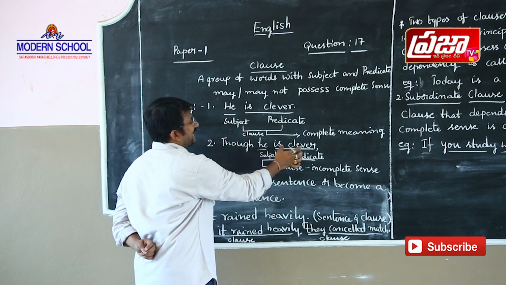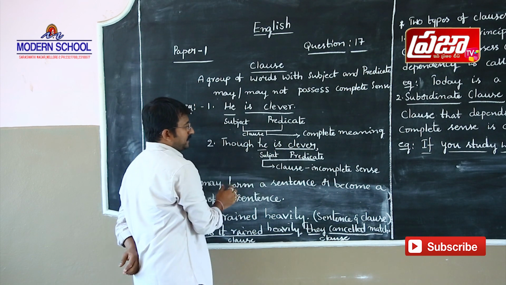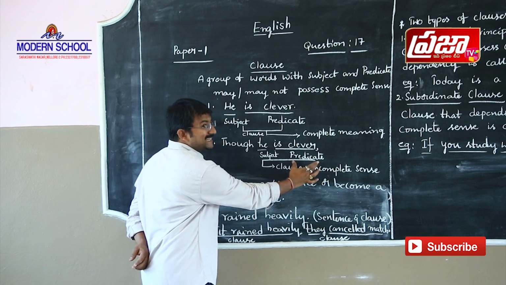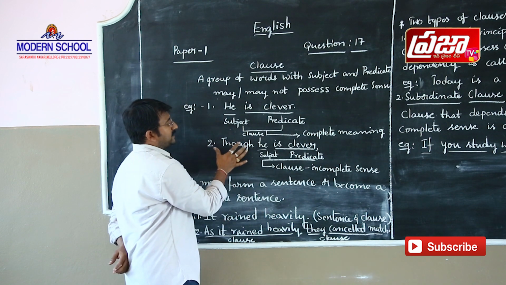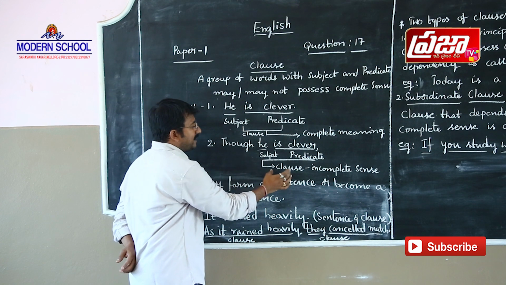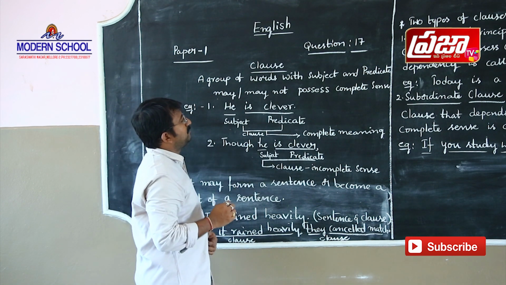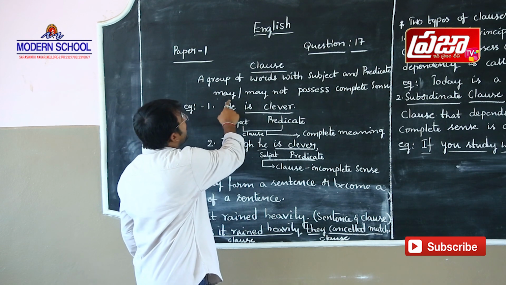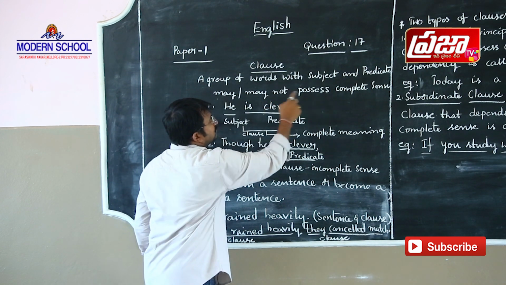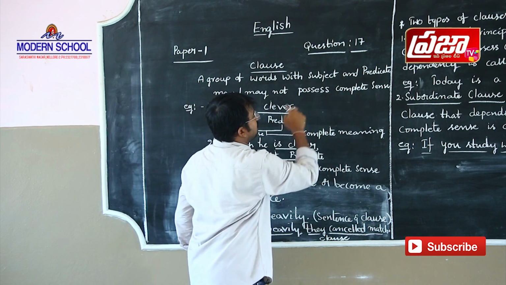"Though he is clever." In this group of words, there is a subject and there is a predicate. So collectively we call this group of words a clause. And the main point we have to remember is, a clause may or may not possess complete sense.